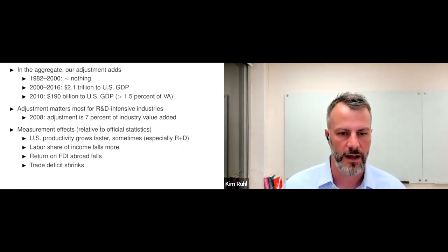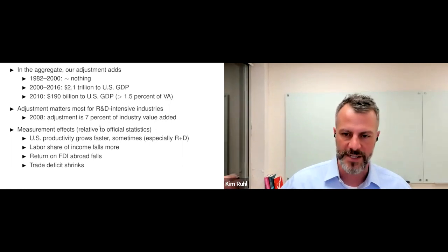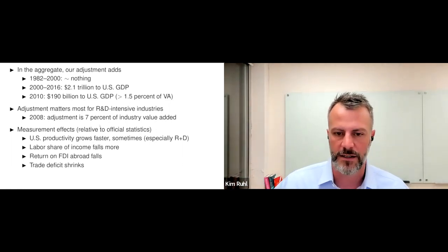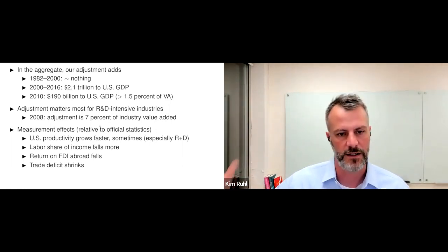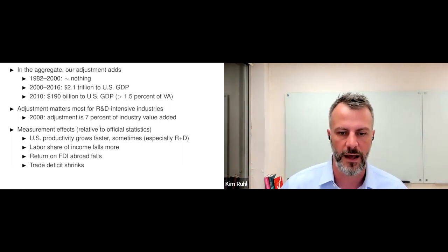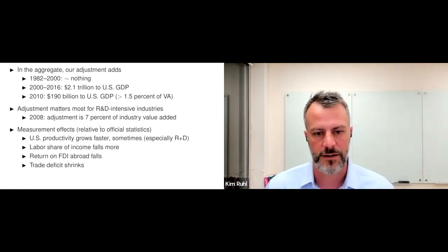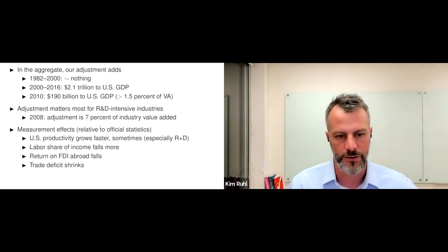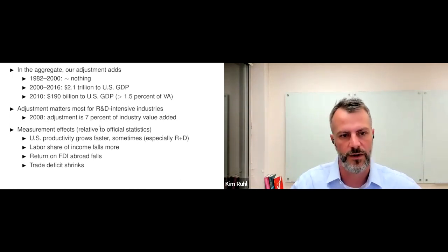So we'll walk through that. All of this missing income in our accounting is corporate profits. So that suggests that the labor share of income is lower than we measure in official statistics. The return on foreign direct investment abroad falls in a somewhat dramatic way, and the trade deficit is smaller than measured in official data. So I'll walk through those measurements.